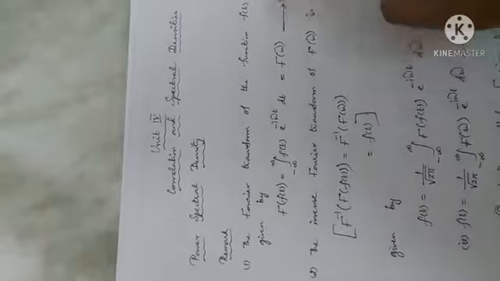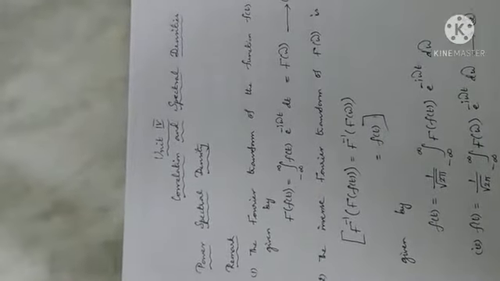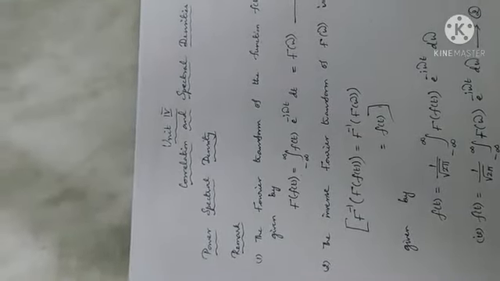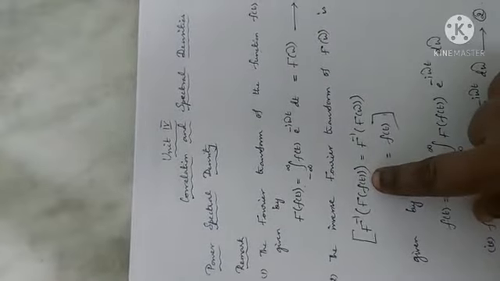This is the definition of the Fourier transform of the function. In Laplace transform we have the inverse Laplace transform, L inverse. Here also we have the inverse Fourier transform.